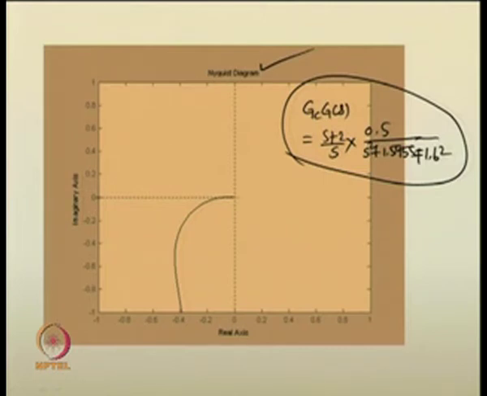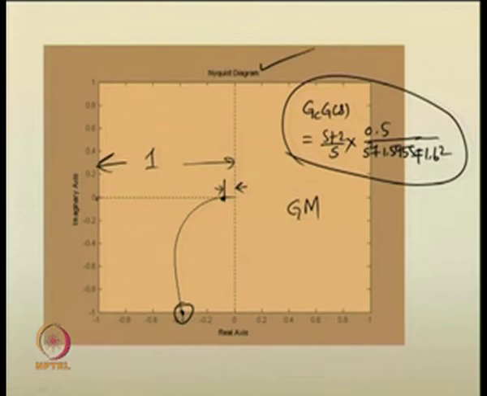What information do we get from the Nyquist diagram? The phase crossover point is somewhere around here and the gain crossover point will be somewhere around here. As we see, measure this span and the inverse of this will give us the gain margin. This span is very small because the total span from here to here equals 1. So, we will have a very good gain margin for the system.